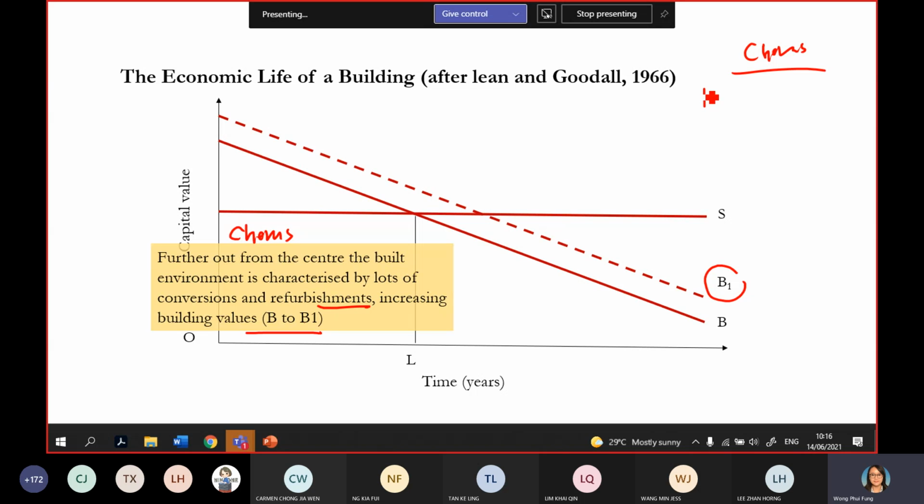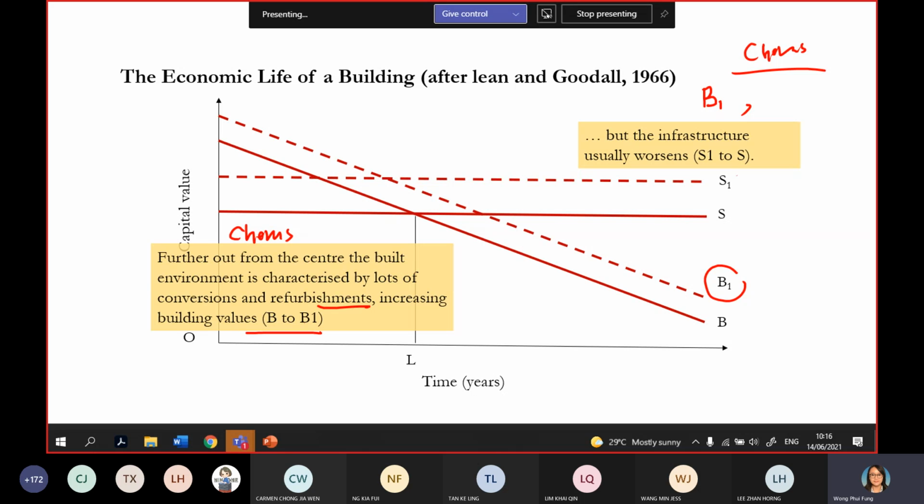So that will be the scenario of B1 because people will maintain. Okay? And usually the infrastructure is not so good as compared to city center. So that's why rather than S1, it's S. So it's S, which means it's this one.